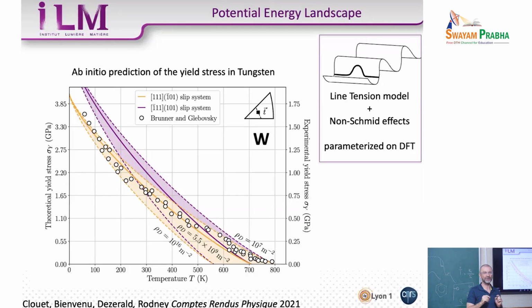Some years back, we proposed that it was related to a quantum effect in the motion of the atoms. Since the Peierls stress is measured at very low temperatures, there might be an effect of the zero-point vibrations of the atoms. We have shown that it is plausible with an EAM potential. People don't agree with us. People have done DFT showing that what we have might be just because we're using EAM potentials and not DFT. So there's still a discussion in the community about why the atomistic simulations are so wrong.